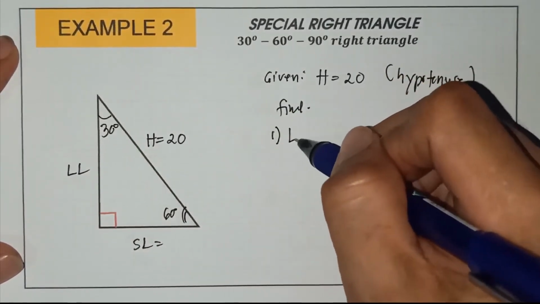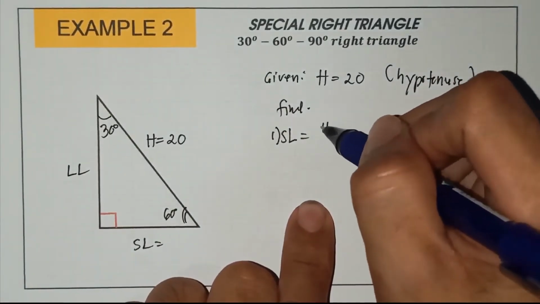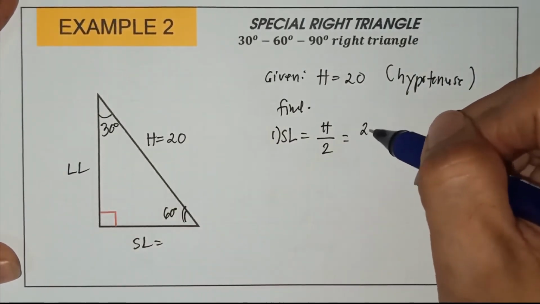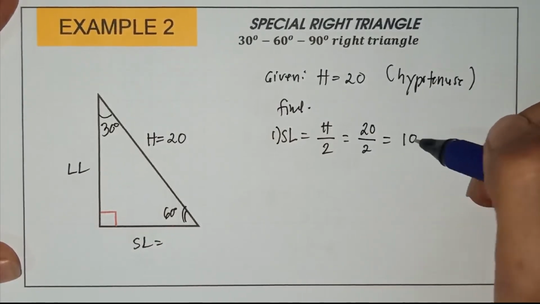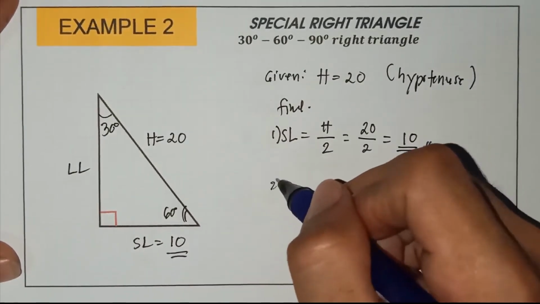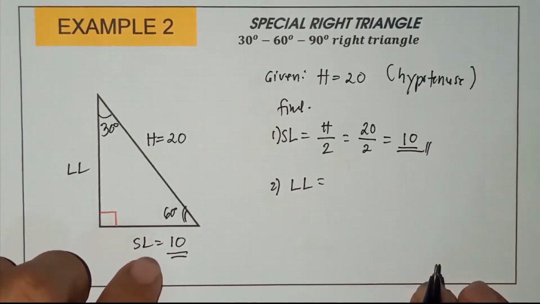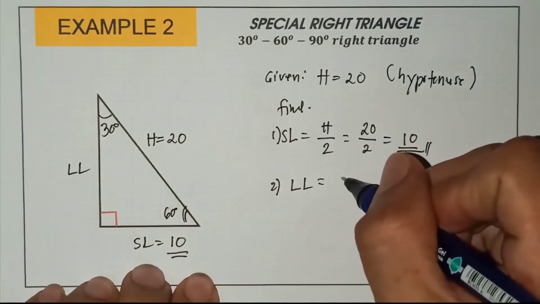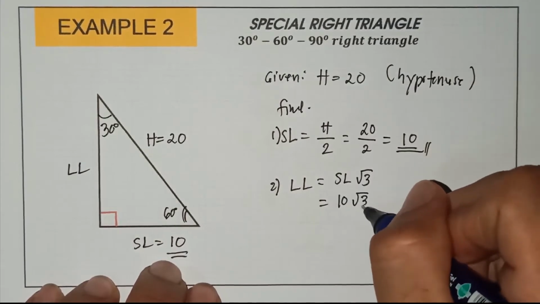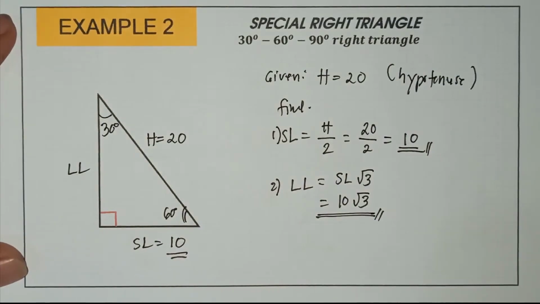First, the shorter leg is the hypotenuse divided by 2. 20 divided by 2 is 10. To get the longer leg, go back to the shorter leg, which is 10. Shorter leg times square root of 3 is 10 square root of 3. This will be the value of the longer leg. That is our example number 2.